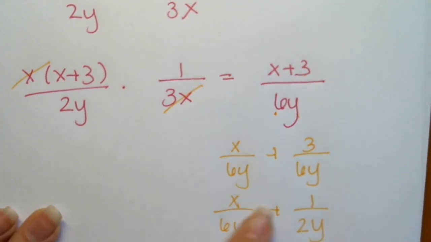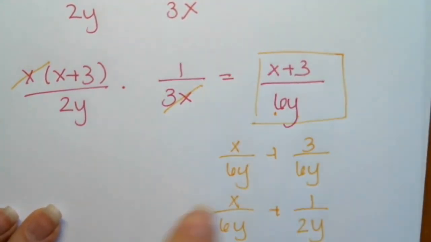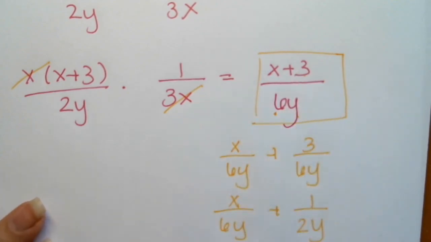Okay, but in general, because this is a single term, we think that this is more simplified than this. Okay, so you want to leave your answer like this rather than splitting it up.